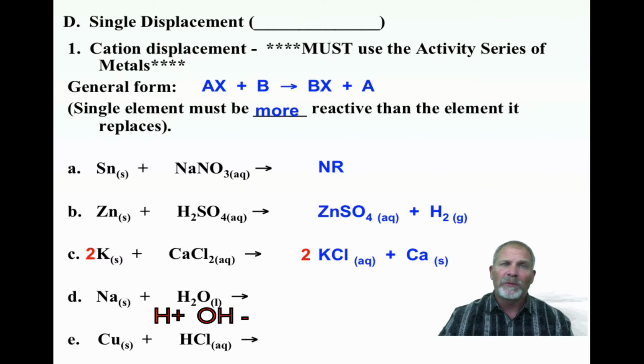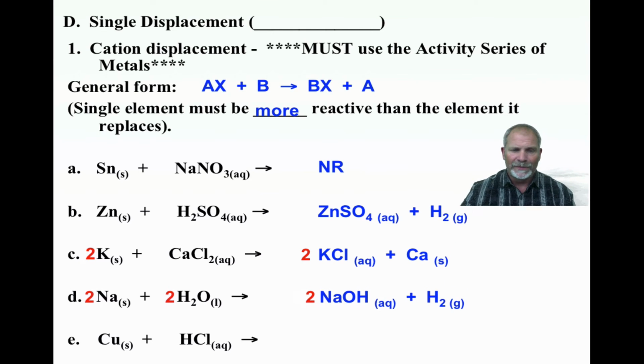Now water, we break down to H+ and OH- in this situation. So sodium does kick off hydrogen, and sodium joins up with the hydroxide, and then I have hydrogen by itself. And we have to balance it. The next one, copper and hydrogen. And I want to say this is a no reaction. Yeah, copper is below hydrogen, so it cannot kick it off. I was just trying to remember the metal activity series. It cannot kick it off.